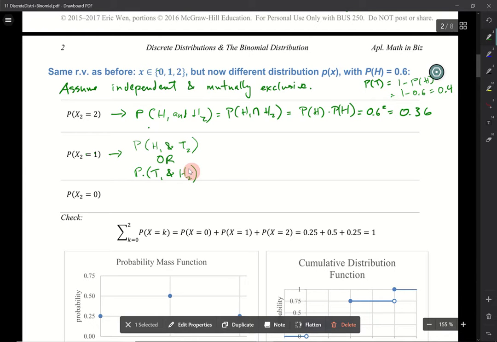And so since we have or, what do we do? We add. So this basically means that we have a probability of heads times the probability of tails plus a probability of tails times a probability of heads. Does that make sense?